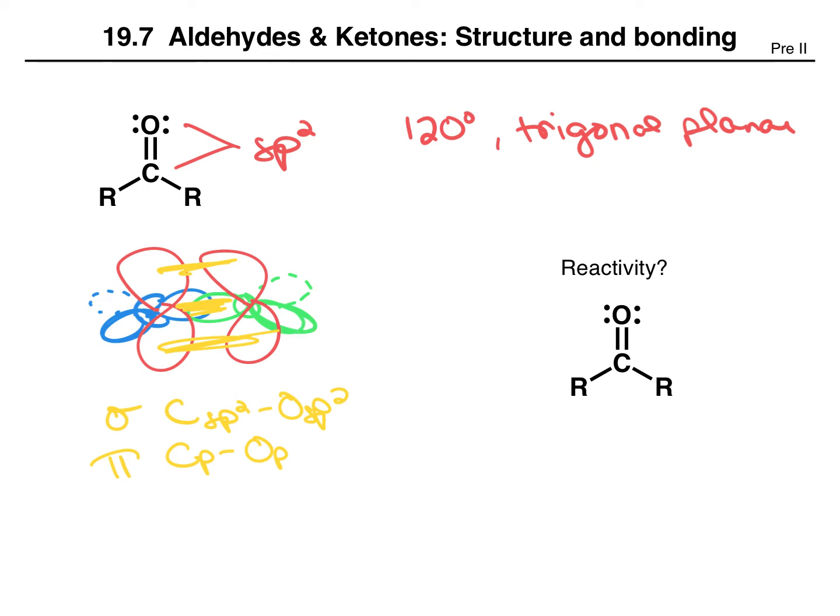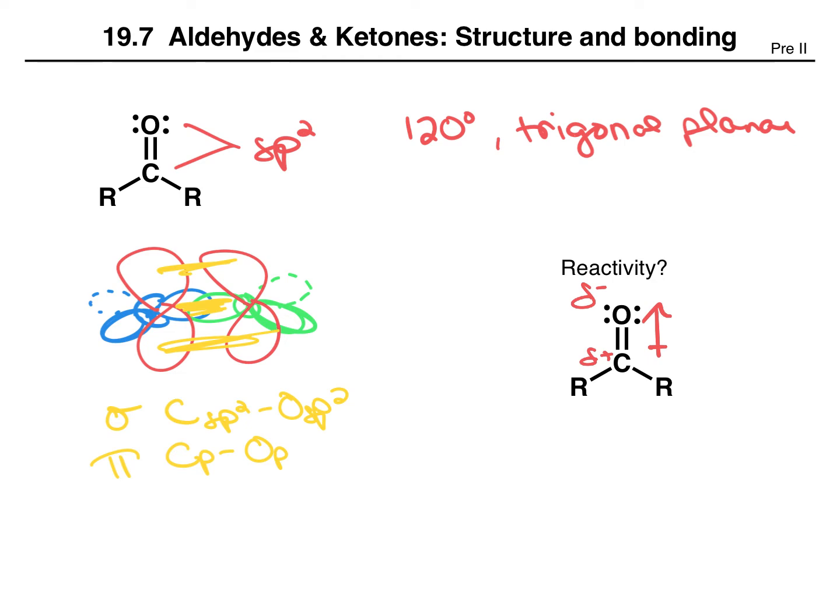Now, what can we guess in terms of the reactivity of carbonyl-containing compounds? While we write our carbonyl, we have to keep in mind that oxygen is more electronegative than carbon, so it will be pulling away electron density. So this means our oxygen will have a partial negative charge, and our carbon will have a partial positive charge.